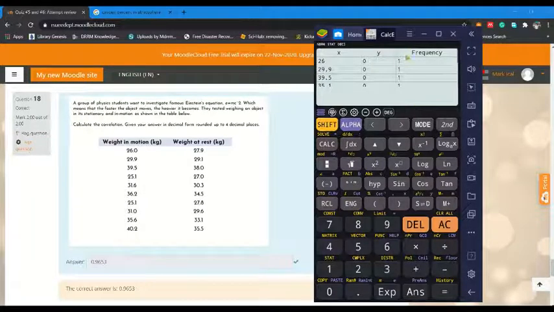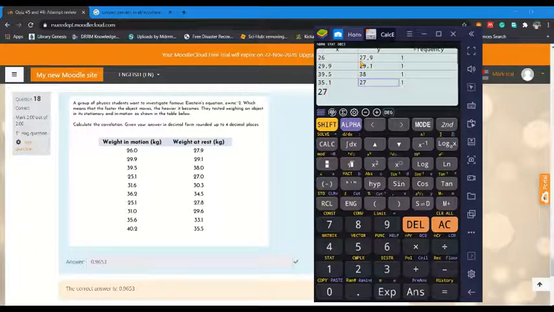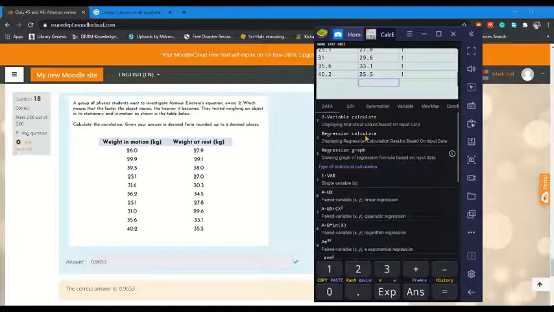Right? So, the top is 27.9, 29.1, 38, 27, 30.3, 34.5, 27.8, 29.6, 33.1, 35.5. Okay, so start. You get the regression calculator.